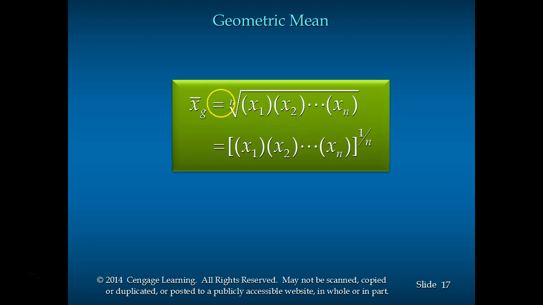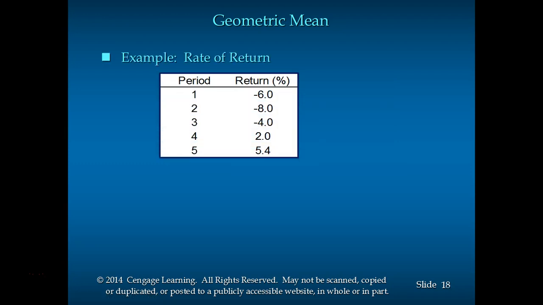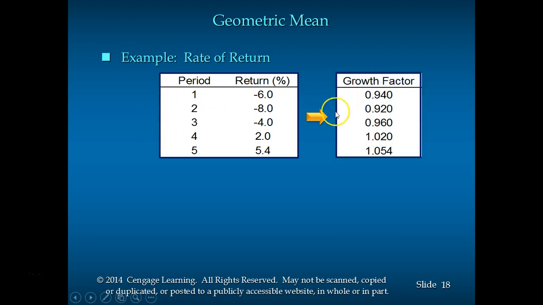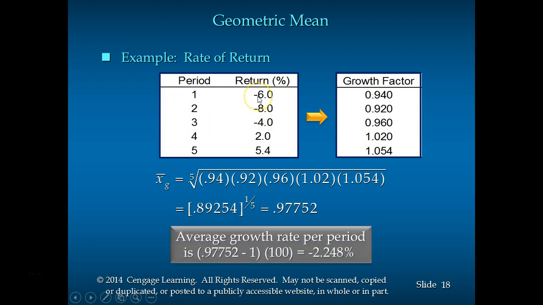You pretty much multiply the data and take the nth root to get the geometric mean. For example, if I have a rate of return, let's say in period 1 something dropped by 6%, maybe the value of a house. Right now in Astana, I'm guessing housing prices are decreasing because there's going to be a recession soon.